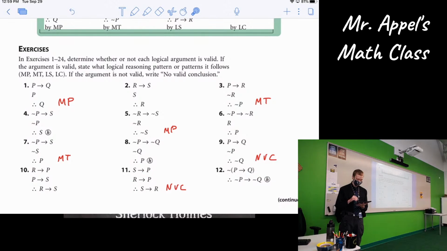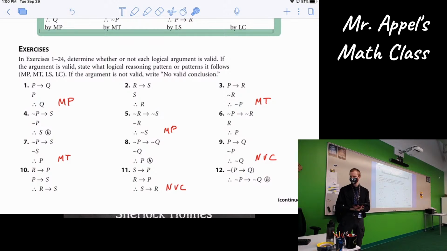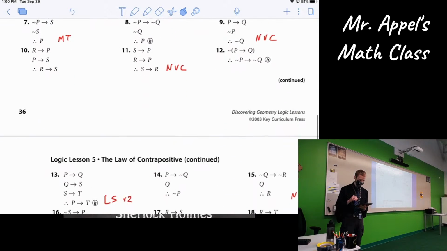That does nothing for us. No valid conclusion. Any questions on that page? All right, moving on.